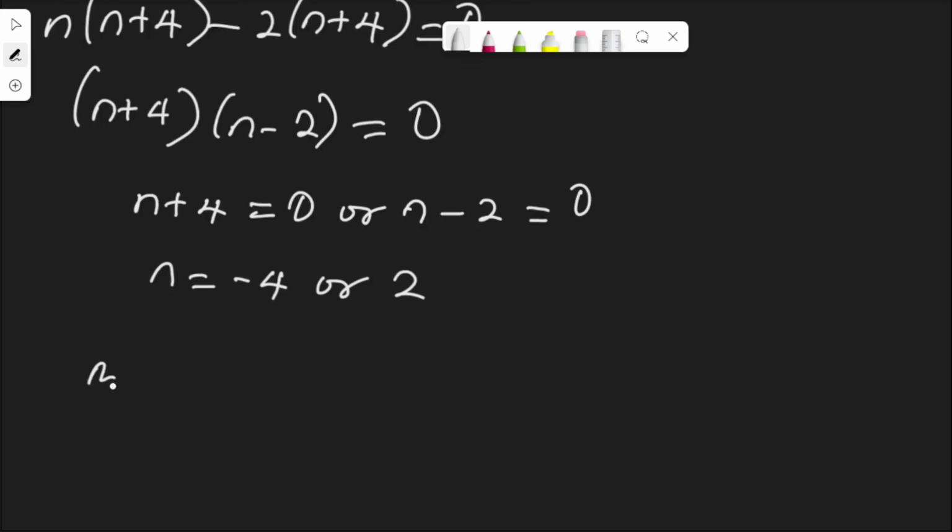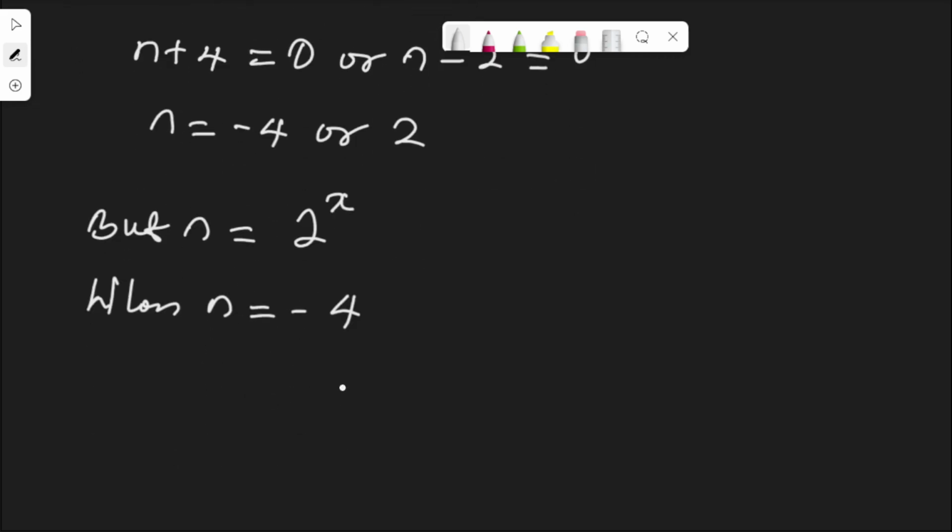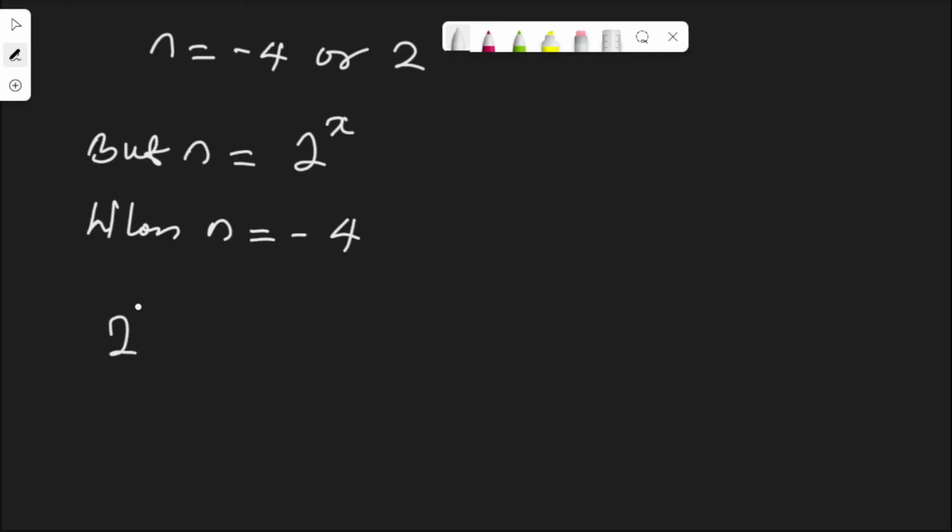But we say that n is 2 to the power of x. Hence, when n is equal to negative 4, 2 to the power of x is equal to negative 4. There's no solution here.